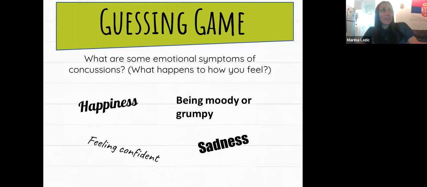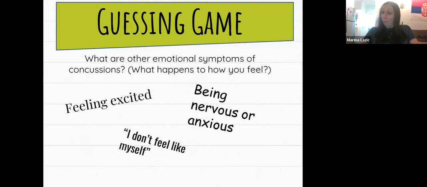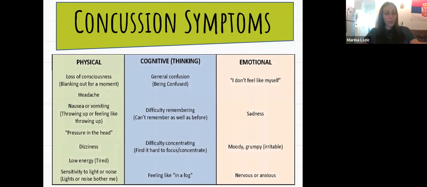If you feel sudden happiness, is that because you hit your head and you have concussion? Not exactly. But if you are grumpy or moody all of a sudden, that is a sign of concussion. But if you feel confident, that's not because you have concussion. If you feel excited, is that because you had concussion? No. But if you are nervous, that might be a sign of concussion.